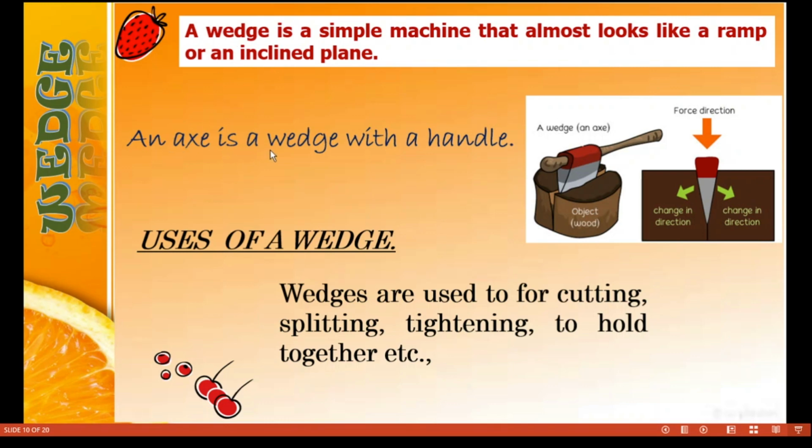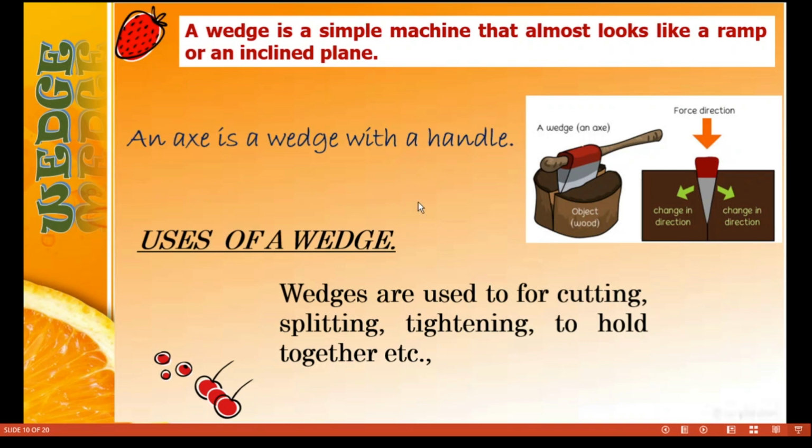An axe is a wedge with a handle. All of you may know what an axe is. An axe is used to cut wood, blocks of wood, isn't it? So here the axe is nothing but a wedge. Basically it is used to split or chop blocks of wood.